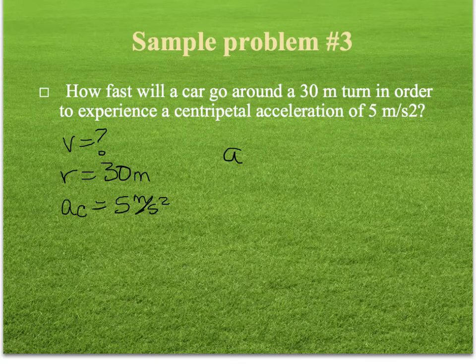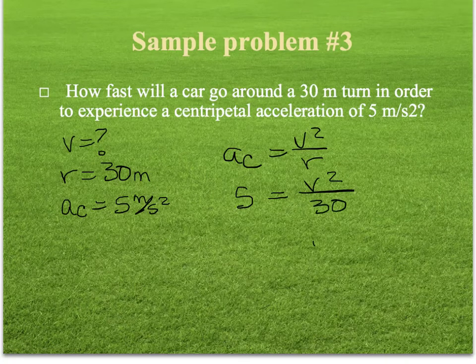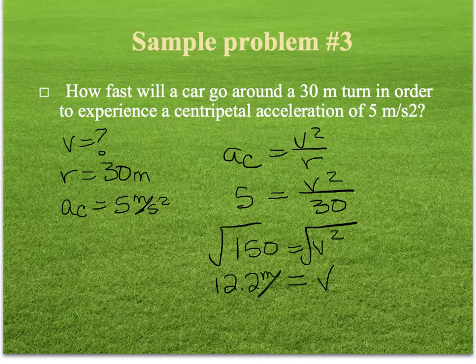So putting it into our equation, v squared over r, 5 is equal to v squared over 30. V squared equals 150, and again, common error, forgetting to square root, so we're going to take the square root of both sides, and we get v equals 12.2 meters per second.